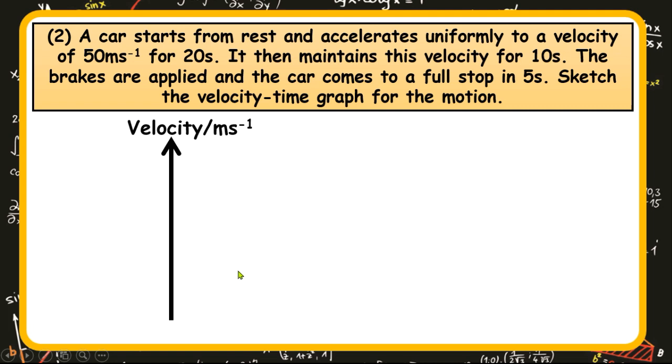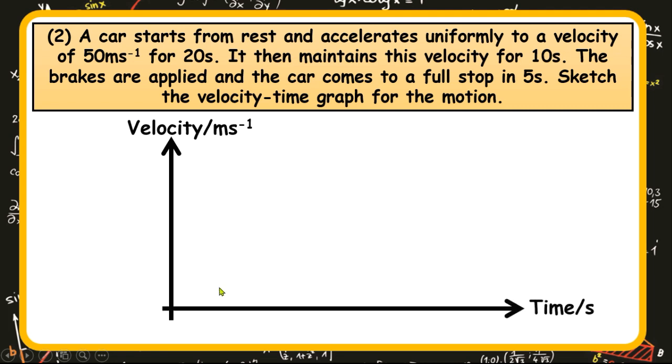So we have the y-axis being velocity and the x-axis being time in seconds. Again, the car starts from rest, which means that it starts from 0. That is the starting point. And then it accelerates uniformly. From 0, it projects this way as uniform acceleration.